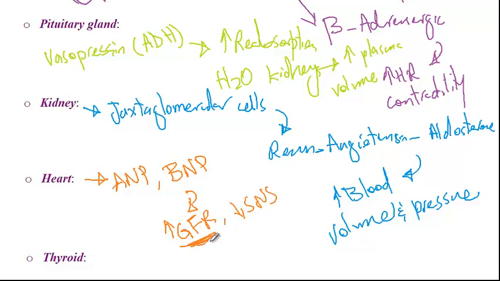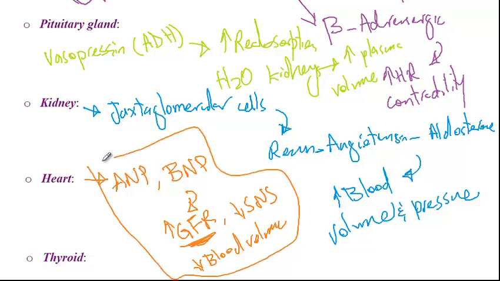And so increased glomerular filtration rate will decrease blood volume, and decreased SNS activation will decrease blood pressure. So this system is being activated in response to high blood pressure or high blood volume.